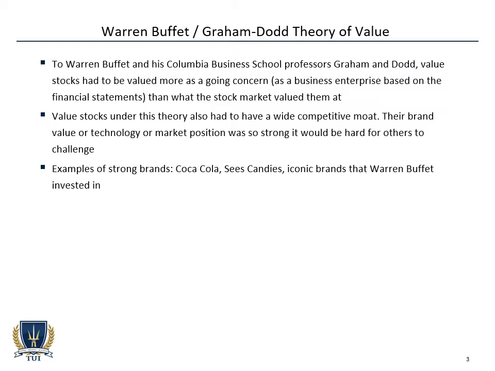They have it for Coca-Cola. So Coca-Cola has this brand that's associated with America and nostalgia and different things. It means different things to different people, but it has a brand that's very powerful, and that brand prevents other soda companies from coming in and grabbing market share. So that's the kind of thing that value investors look at. Examples of strong brands would be Coca-Cola, See's Candies, and other iconic brands that Warren Buffett invested in.